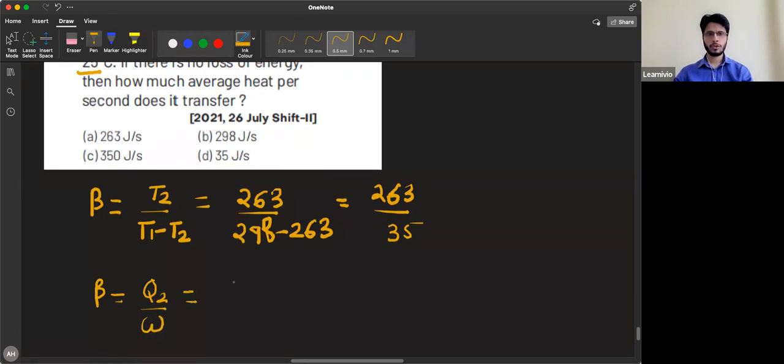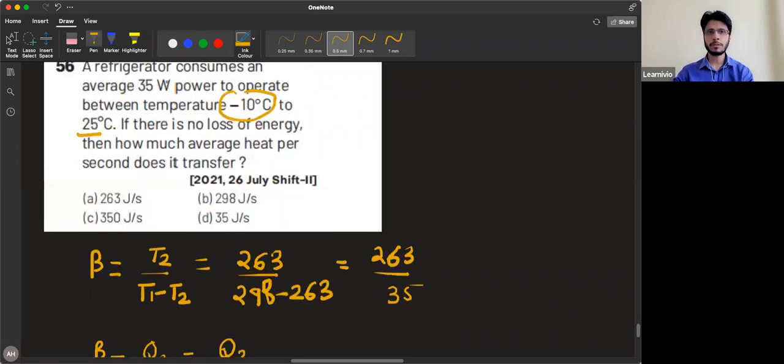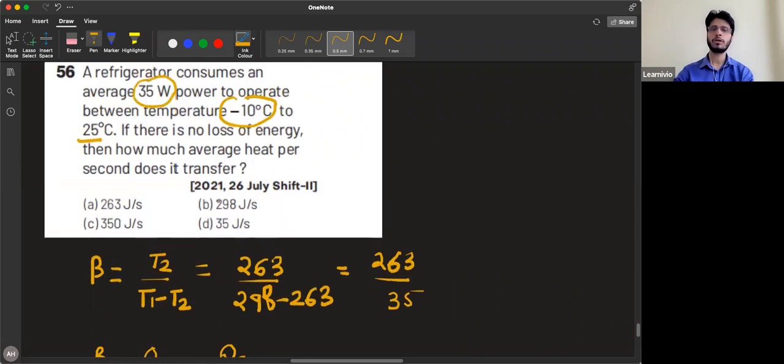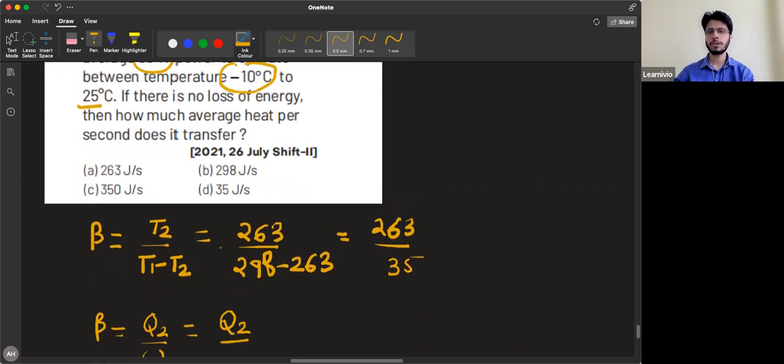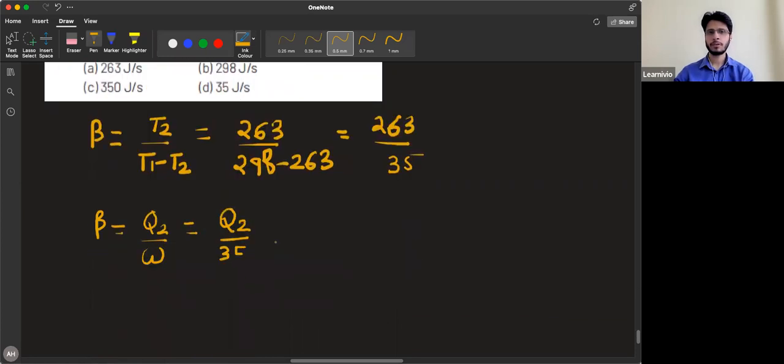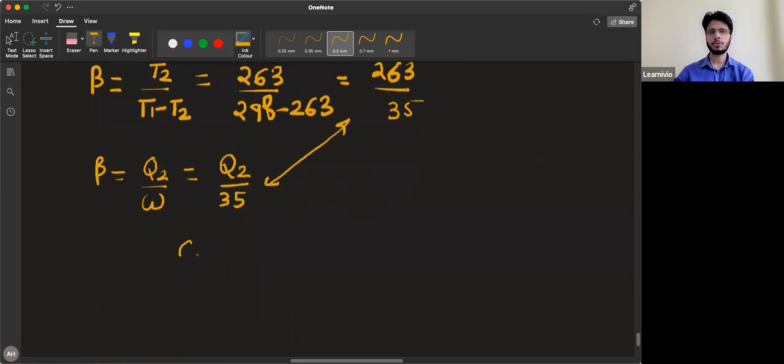So Q2 you're supposed to calculate. W is the power consumed, 35 watt. And remember, this is in 1 second, so that's 35. You can equate these two. So when you equate these two, you get Q2 divided by 35 equal to 263 divided by 35.